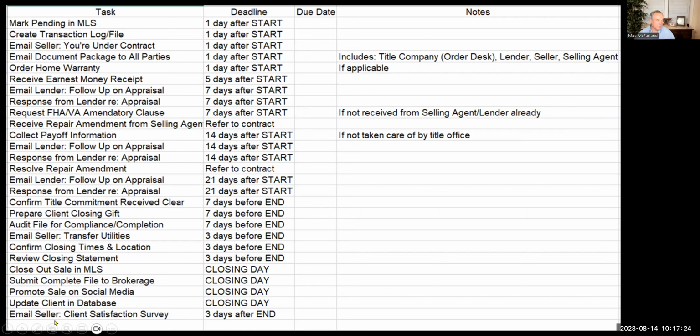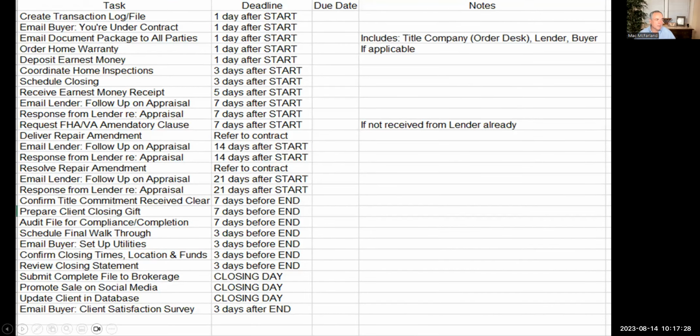So this is just a rough one. This is on the listing side. And then there's this one, which is on the buyer side as well. This is to help set up tasks within Zip Forms, so Zip Forms will remind you this needs to be done, that needs to be done, using the system for what it's for. All right, just throw this out.